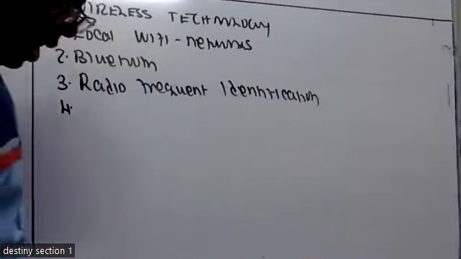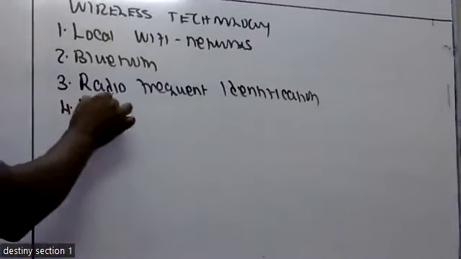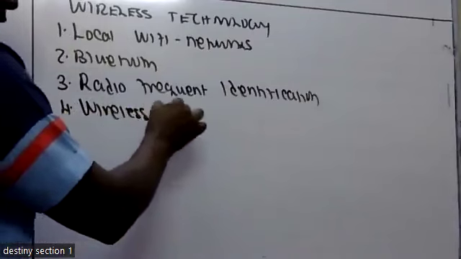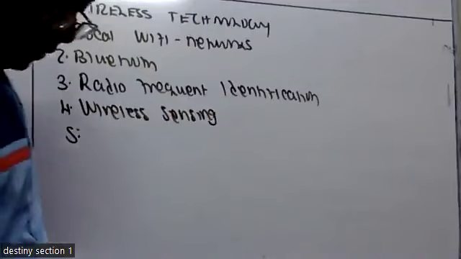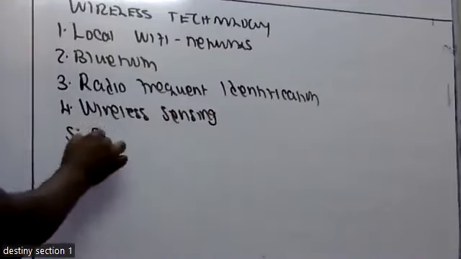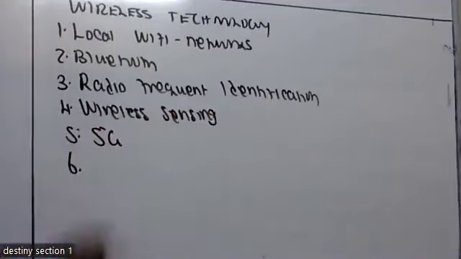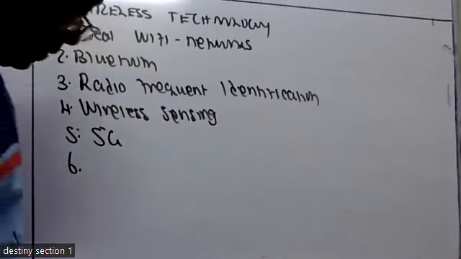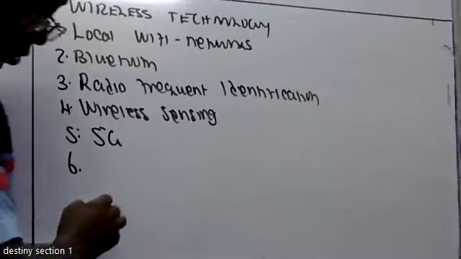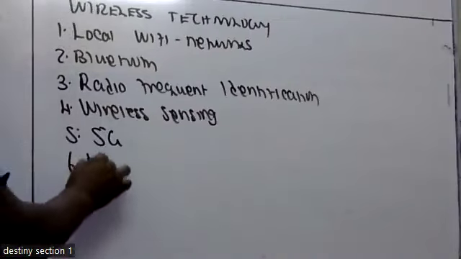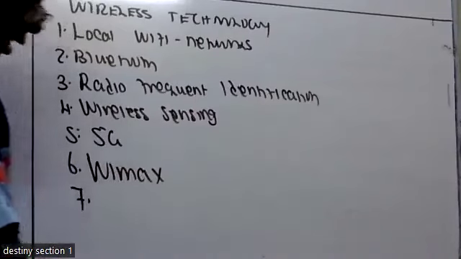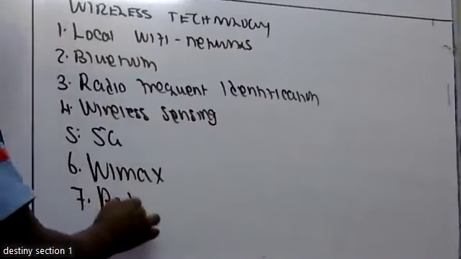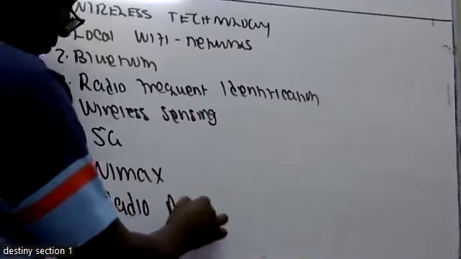Another one is wireless sensing, these are gadgets that are able to sense something and communicate. Another one is 5G, it's more wireless. There is also what we call WiMAX, and radio paging. It's also like this radio frequency.